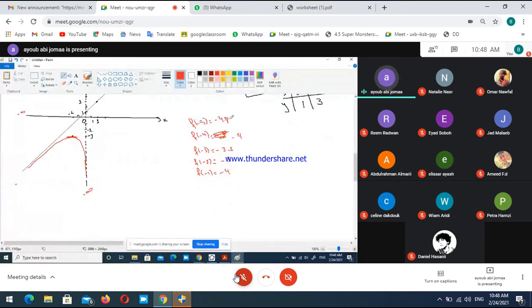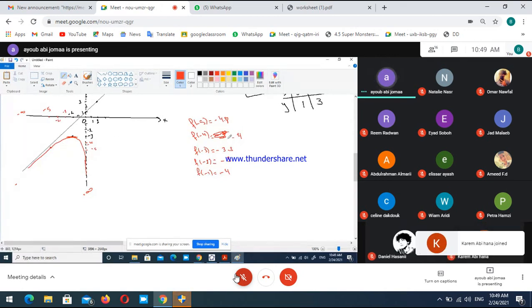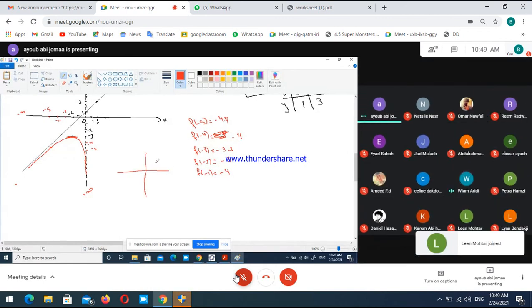And now you plot the points. Negative 5, negative 4.8: here is the point.